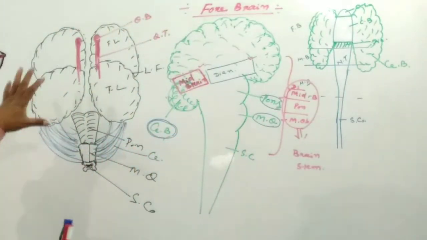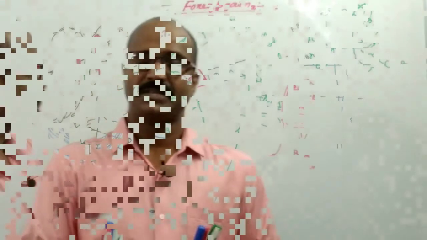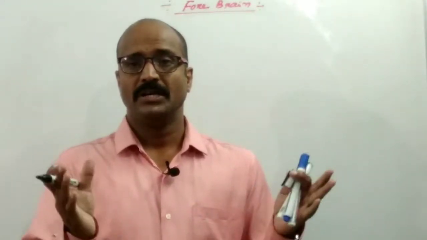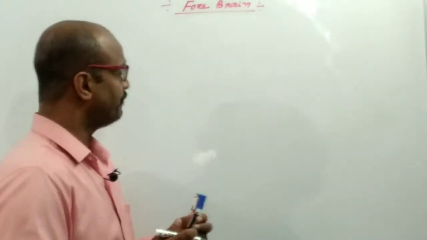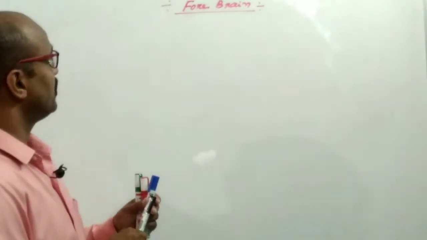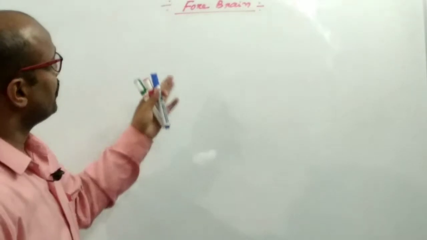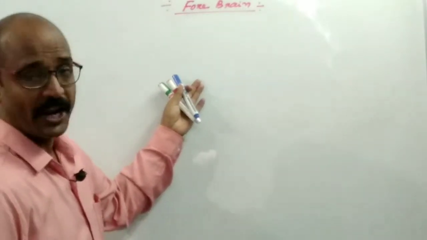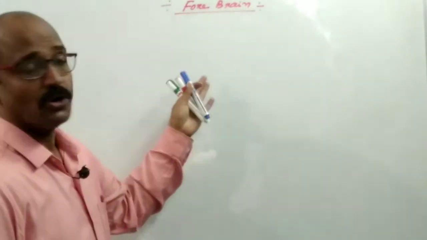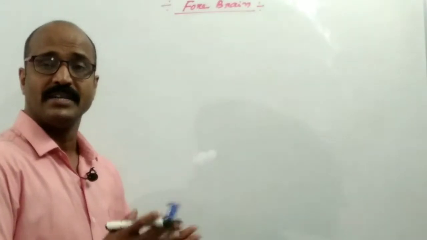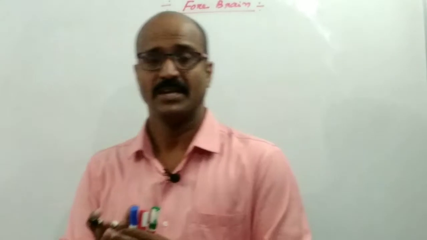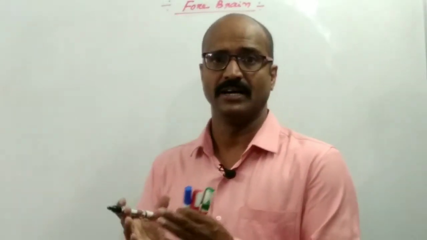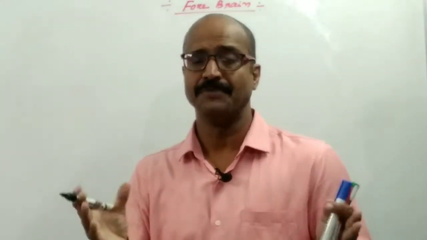Now come to the cerebrum. This is the largest part of the brain, highly developed, and it is the center of learning, reasoning and knowledge. It also contains the centers of different senses and of different reflexes.